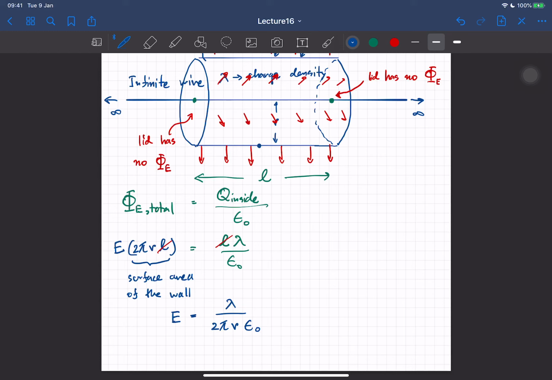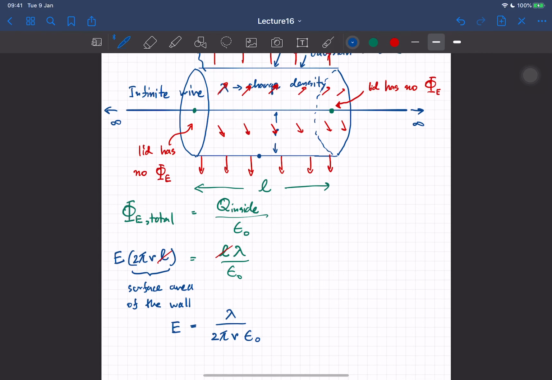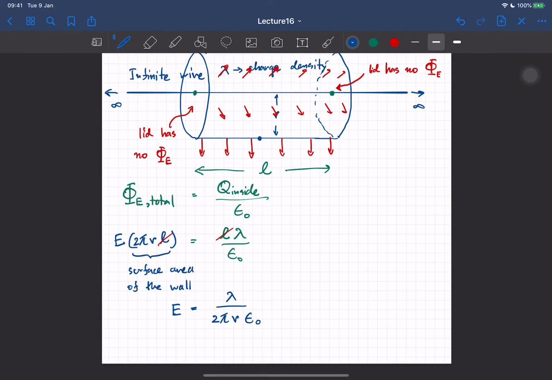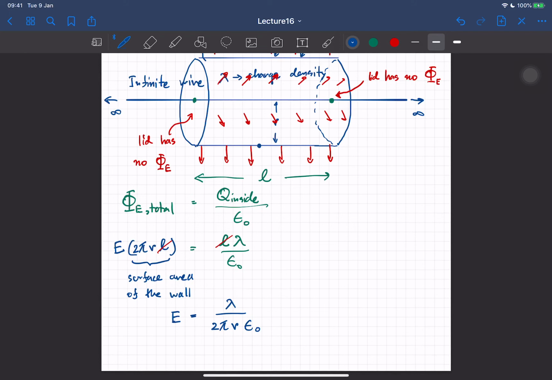So electric flux, so one of you asked, what is electric flux exactly? Electric flux is just how much electric field is going through the area. One way to think of this is to imagine that you have a river, and the river has water flowing, let's say to the right.